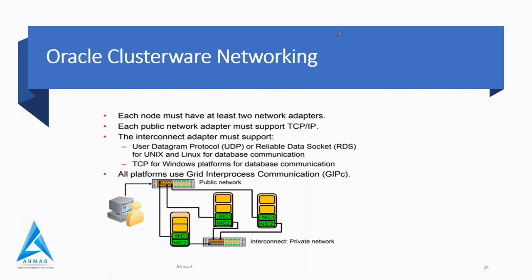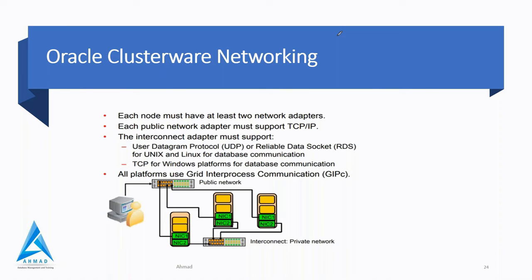I will tell in detail about the public network, private network, SCAN IP, VIP, and TAF, like that. If I go into firewall here, it will go in a different direction. You can ask at that time, or you can ping me privately, and I will answer.